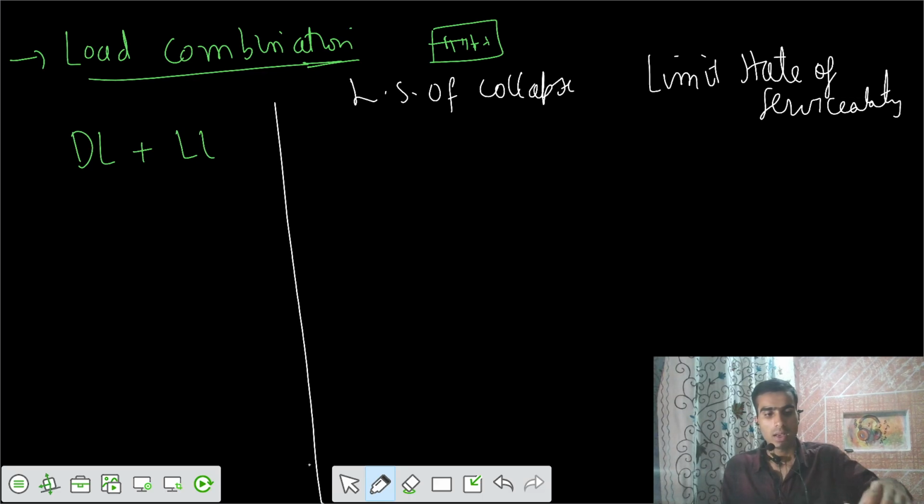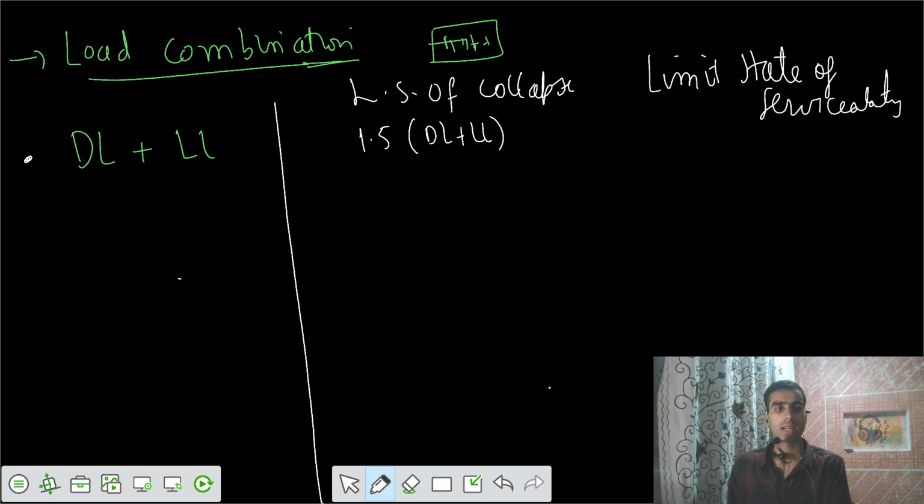So in the first case, if your combination is dead load plus live load on the structure, you have to apply the factor of safety, that's 1.5 times dead load plus live load.